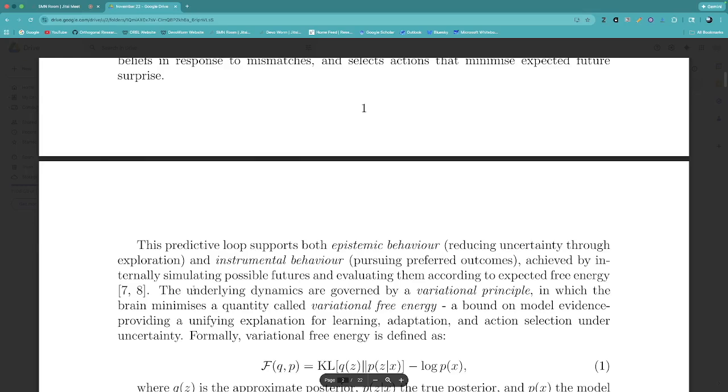The underlying dynamics are governed by a variational principle. And this is also important in active inference. And when they say variational, they mean that the brain minimizes a quantity called variational free energy, a bound on model evidence, providing a unified explanation for learning, adaptation, and action selection under uncertainty.